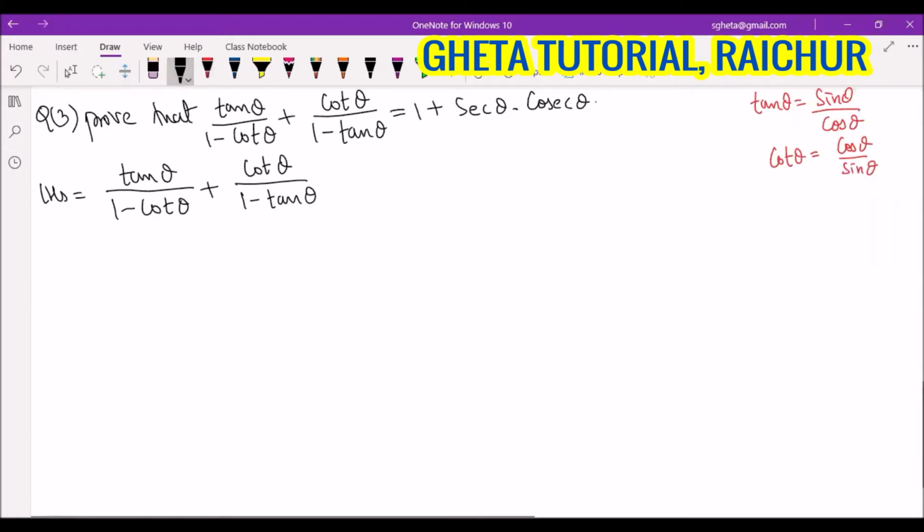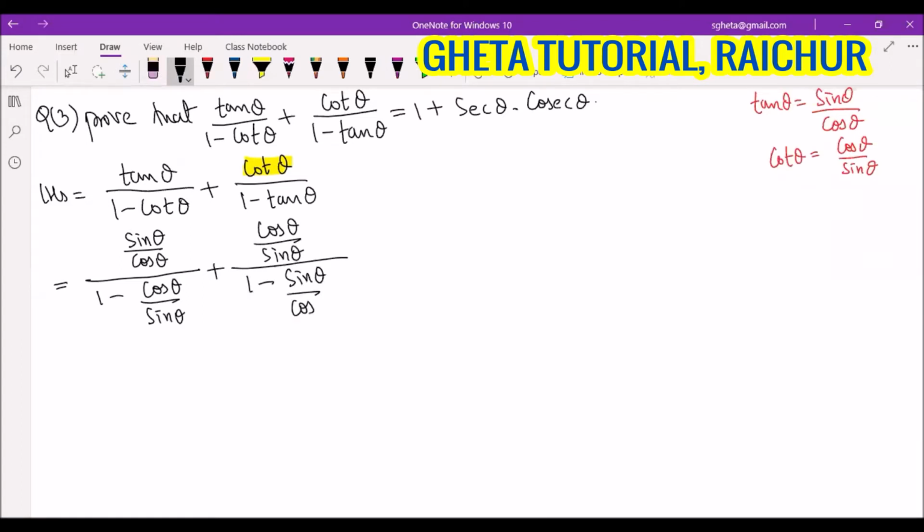So here I can write tan theta as sin theta by cos theta, whole divided by 1 minus cot theta, nothing but cos theta by sin theta. Plus similarly cot theta, I can write cos theta by sin theta, whole divided by 1 minus tan theta, I can write as sin theta by cos theta.